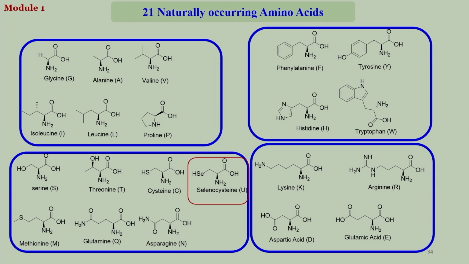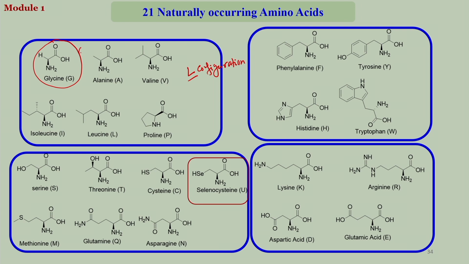For all other cases, this CH2 is replaced by some substitutions, and all of these naturally occurring amino acids have L configurations, except of course, glycine. Glycine is achiral. All the other amino acids are chiral amino acids.